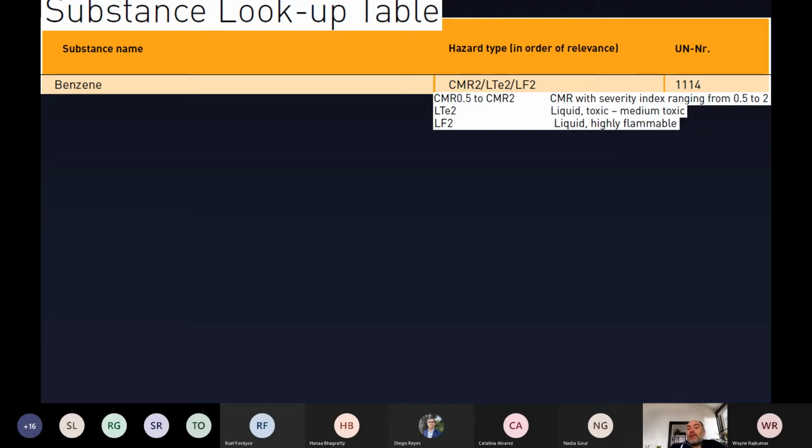Then we have LTE, which is liquid toxic, and this is 2, and it deals in a scale of 4. So it's medium impact for liquid toxic. And we have LF, which is highly flammable.